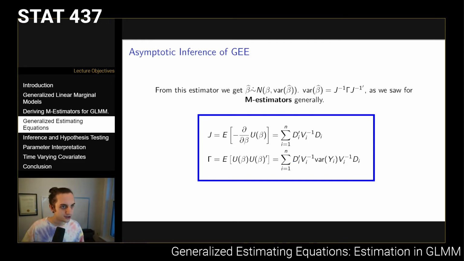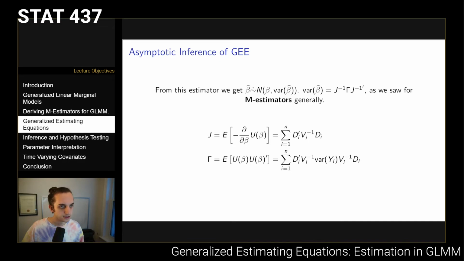Now, one thing to note is that here we can see that we have the variance of Y_i as a term in this gamma matrix. This is the true variance of Y_i. So if you remember, we're using this notation V_i to capture our working covariance matrix for Y_i, but we're acknowledging that we might not correctly specify it.